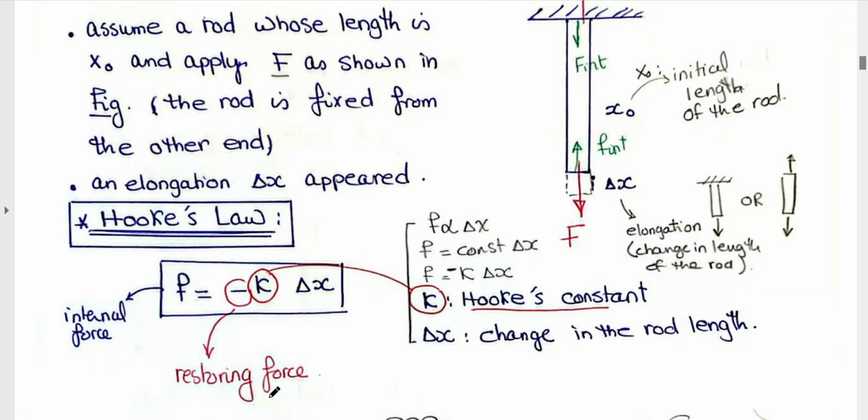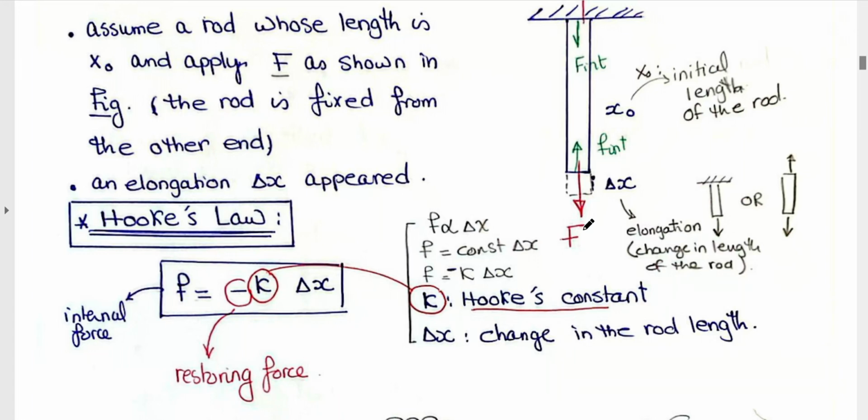It's trying to resist the change in delta x, because F internal is in the opposite direction of delta x. That's why we are putting the negative sign. This was the first scientist to study the elasticity of this rod under the effect of the applied force.